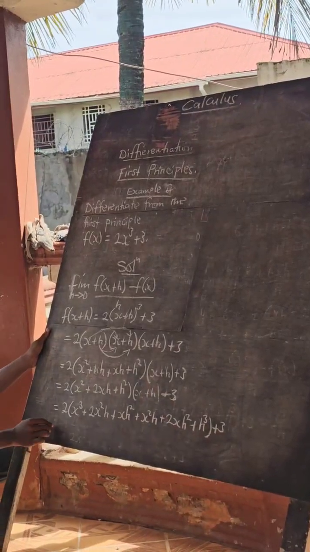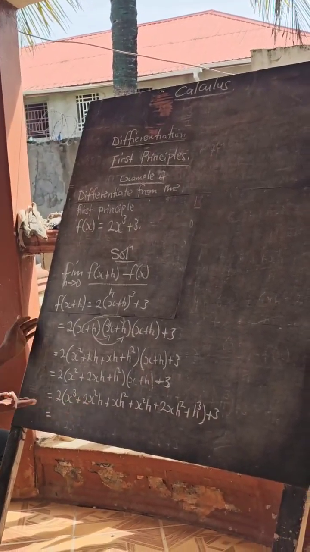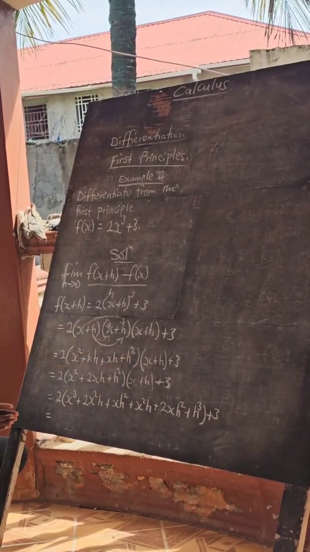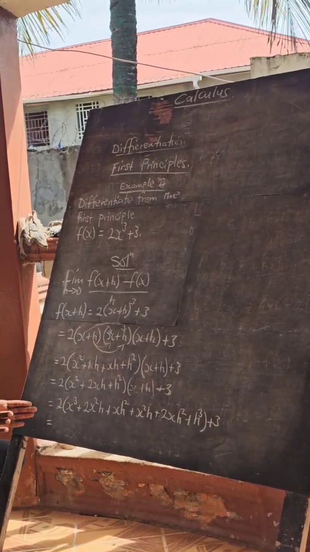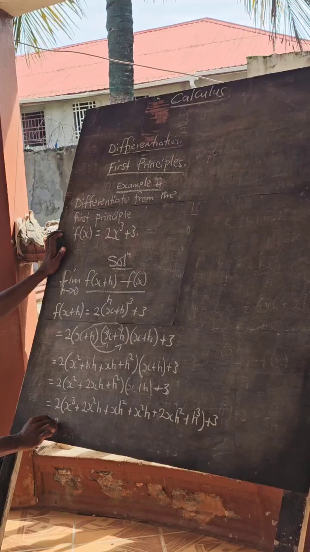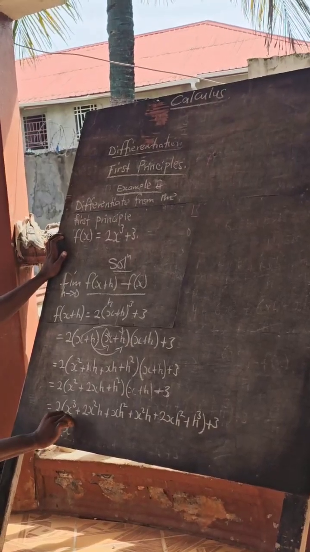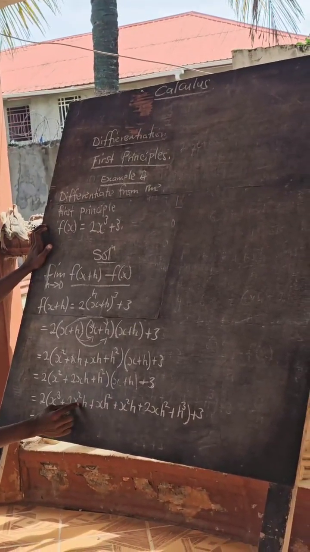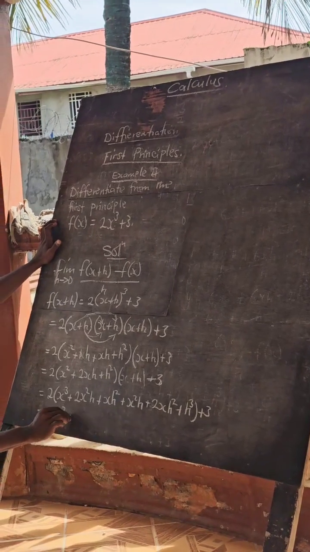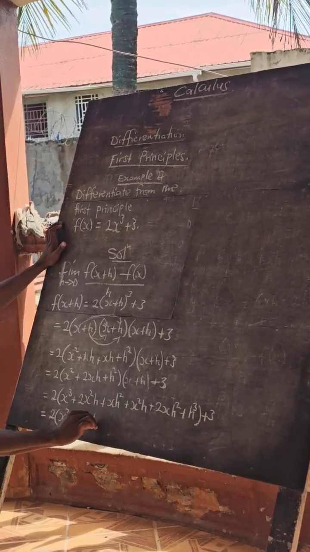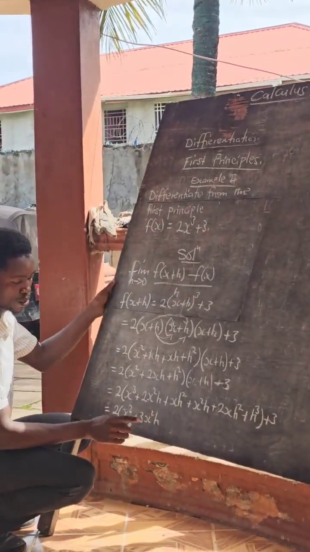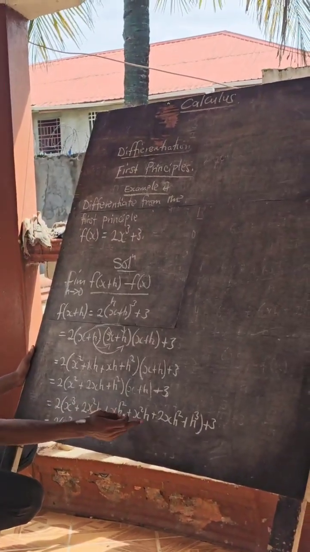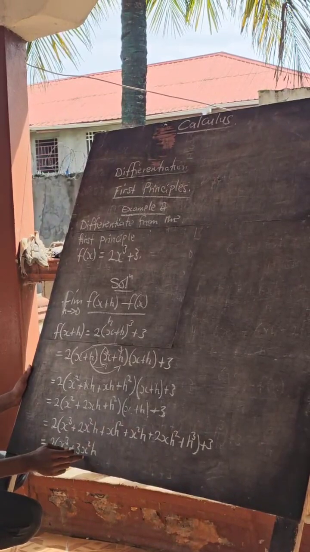Now we can add those that are the same. The x squared h terms we put together, and the xh squared terms we simplify. So now we have 2 into x cubed, then 2x squared h plus 1x squared h, which is 3x squared h.